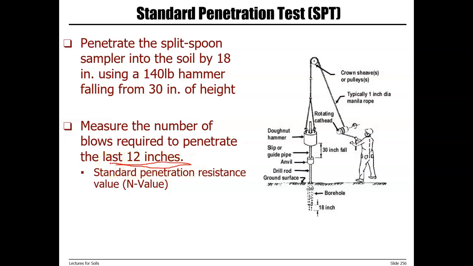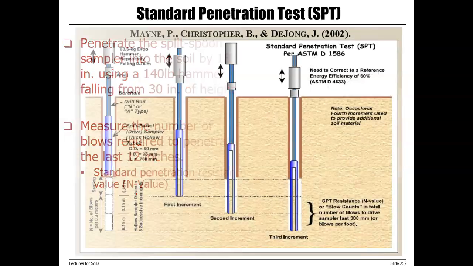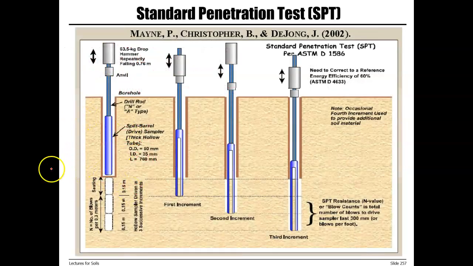And that number is referred to as N value, or standard penetration resistance value. So as you can see in this slide, we have a hammer. The hammer is dropped on the rod and a split spoon sampler from a distance of 30 inches.